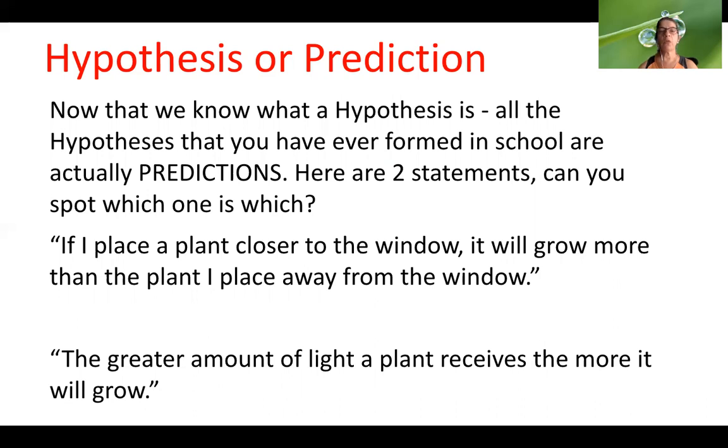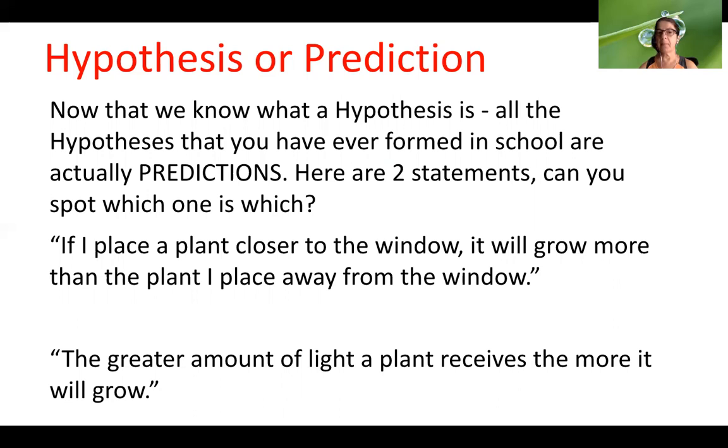Okay, so here are two statements. Let's read them out loud and think a little about it. Can you sort them out? Can you spot which one is a hypothesis and which one is a prediction? The first: if I place a plant closer to the window, it will grow more than the plant away from the window.